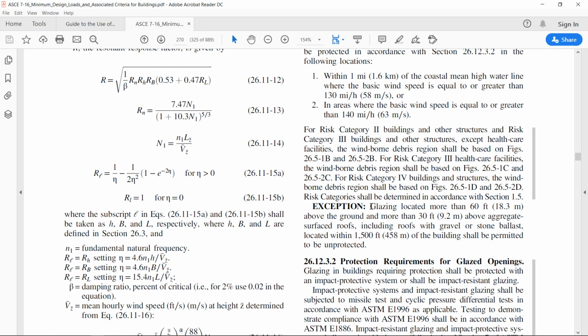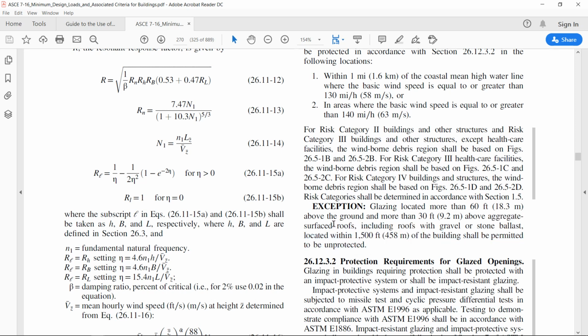This exception says that glazing located more than 60 feet, in our case it is 160 feet, above the ground and more than 30 feet above aggregate surfaced roofs, including roofs with gravel or stone ballast, located within 1500 feet of the building shall be permitted to be unprotected.